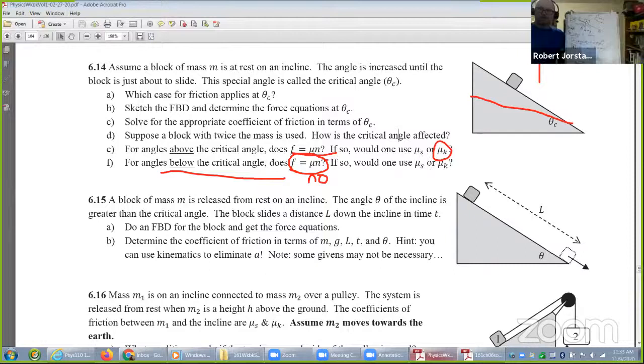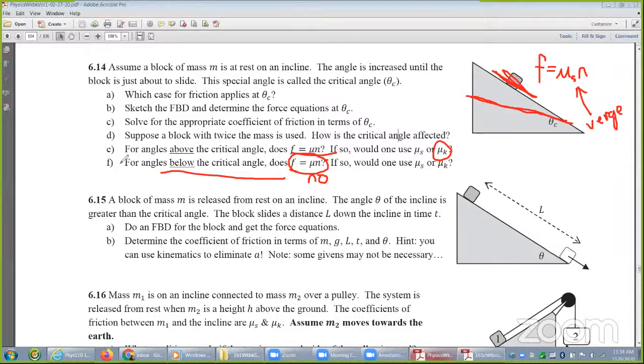So remember, it's tempting to say, why don't we just use mu static times the normal force? But remember, this is only valid on the verge. So if it's on the verge of slipping, that's true. If we use an angle that's lower, it's not on the verge of slipping anymore. It was only on the verge of slipping at this angle. Did that make sense, Erica?